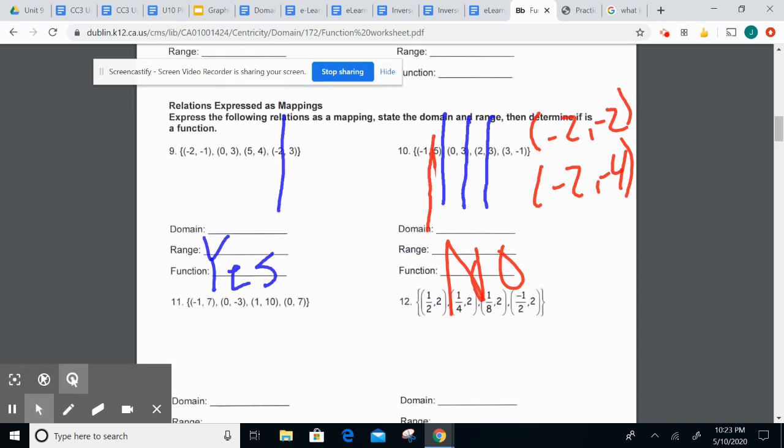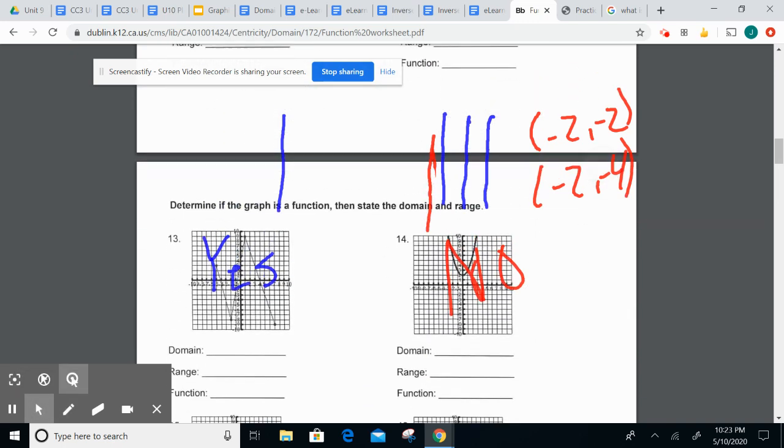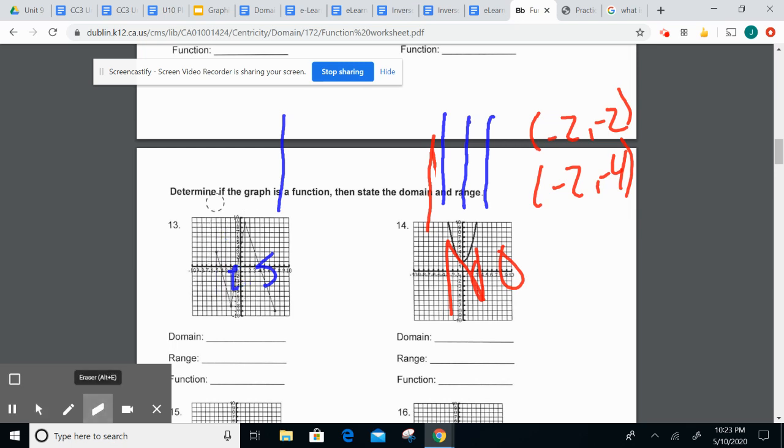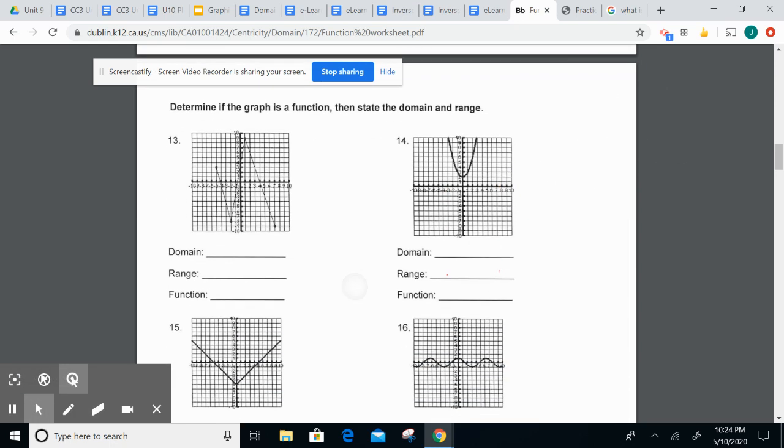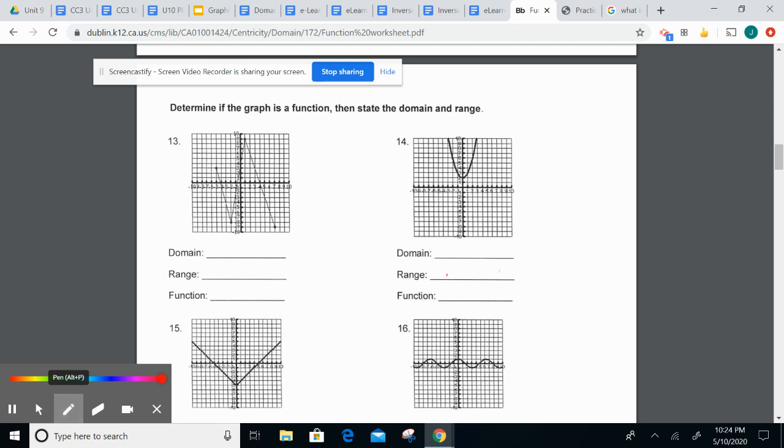Same thing down here. You're just seeing if at any point on the graph you hit your line or your curve 2 times. So what I mean is, and it's a little hard to show here, but if you draw a bunch of lines or just take your pencil and drag it across, you're never hitting 2 points at any time. Same thing here. Actually, all of these are functions.